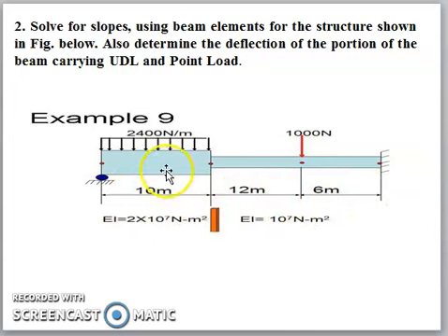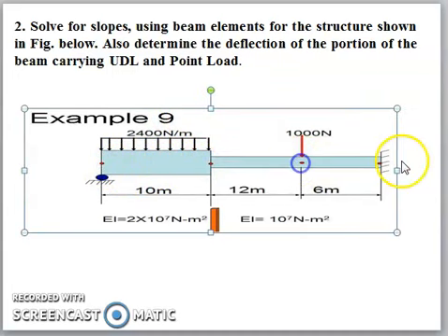Actually here we have 4 nodes and 3 elements: 1, 2, 3, 4; element 1, element 2, element 3. For this figure you have to consider 3 elements and 4 nodes. But students in the examination may consider this as element 1 and this as element 2.